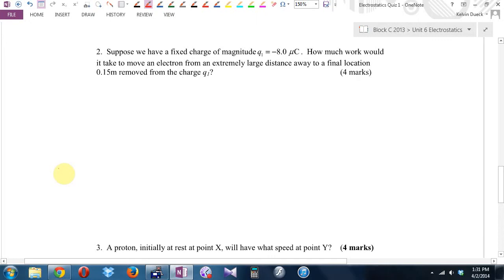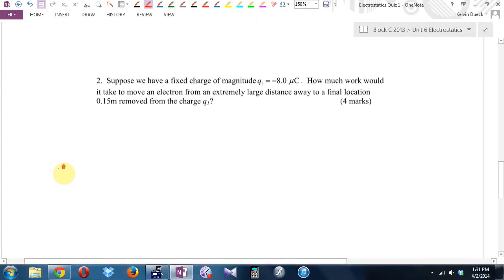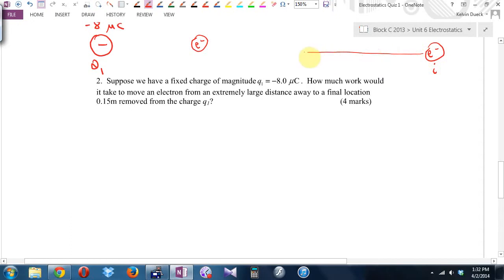How much work? Number 2 says, how much work? Sadly, I can't use force times distance because between point charges, in fact, you know what? I'm going to draw a little picture up here. Here's Q1, which is negative 8 microcoulombs, and it looks like we're moving an electron from here, my initial, and I guess we're moving it in close.